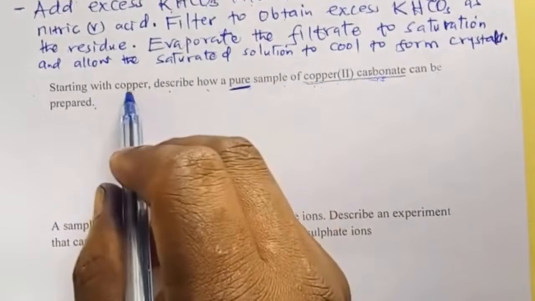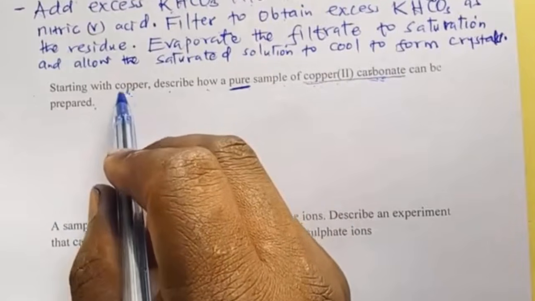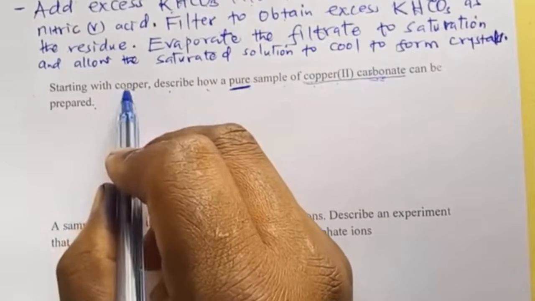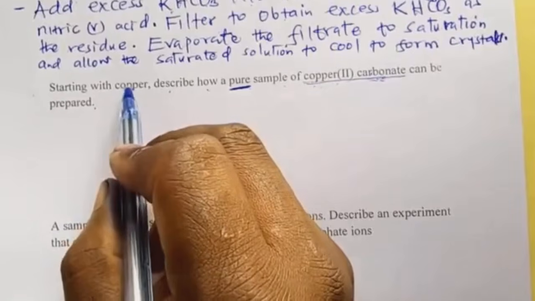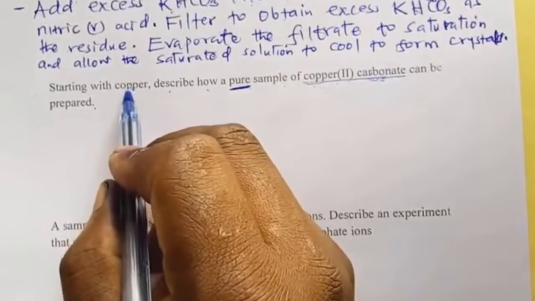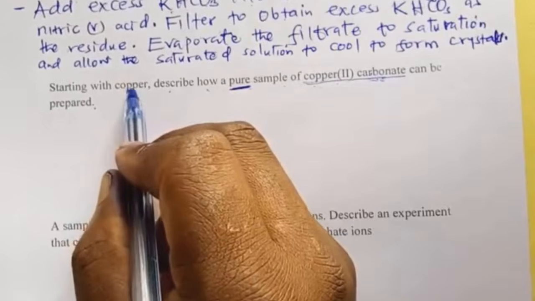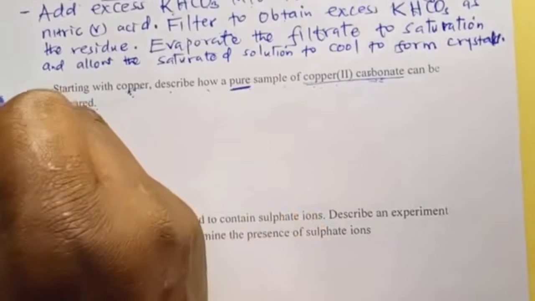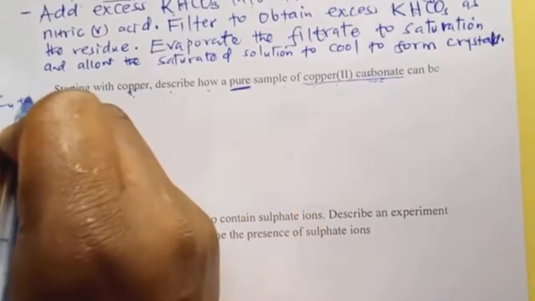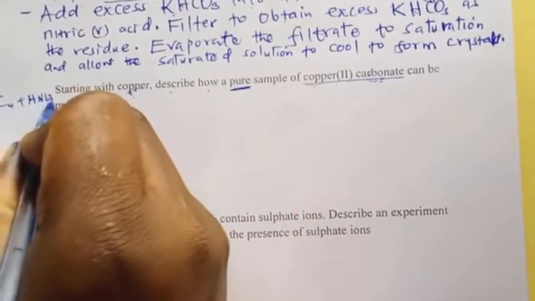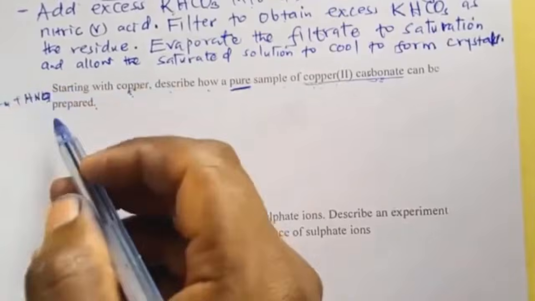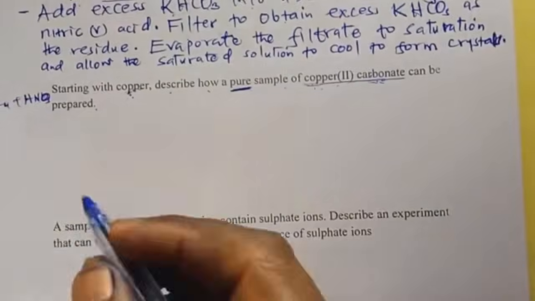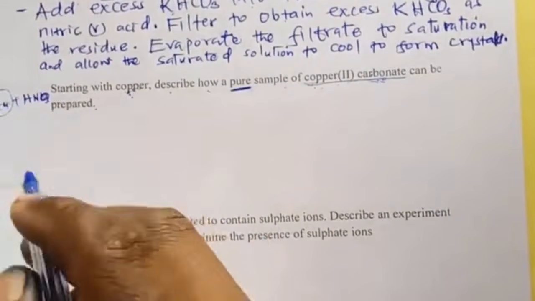Since copper is below hydrogen in the reactivity series, we cannot react copper with nitric acid to form copper 2 nitrate, and we need copper 2 nitrate. Therefore, what we do, you heat the copper first.